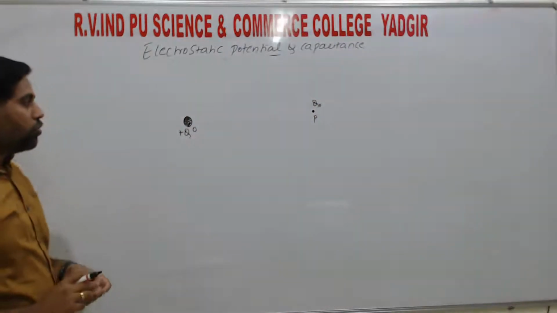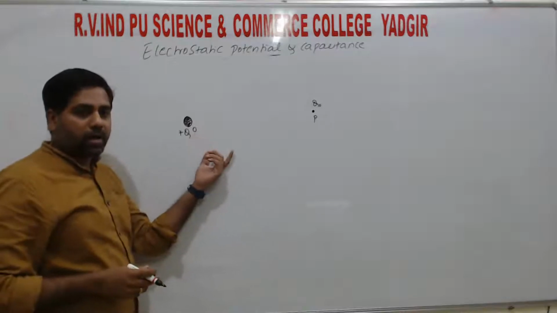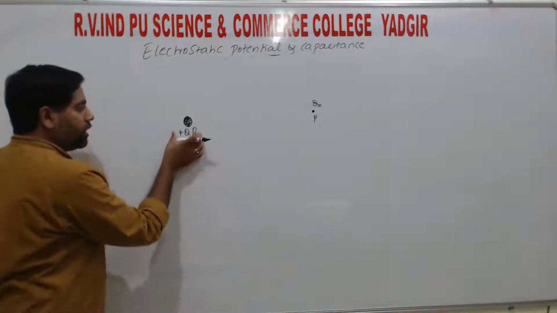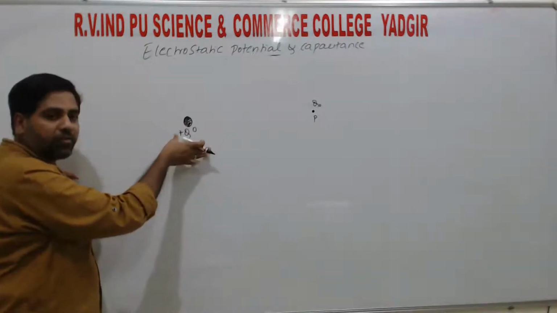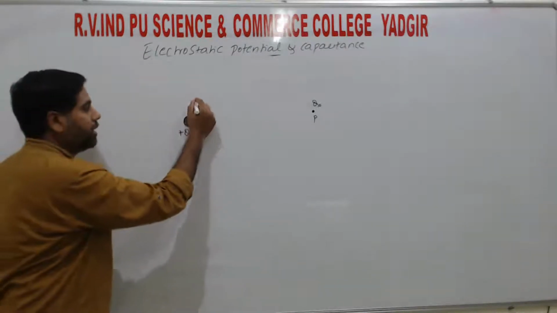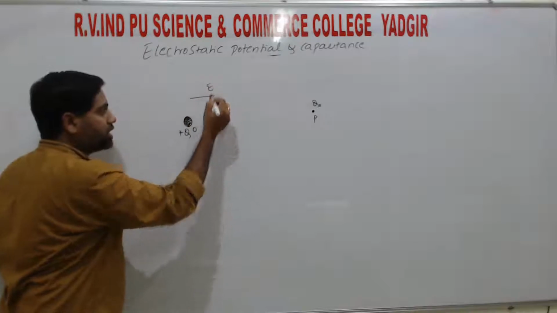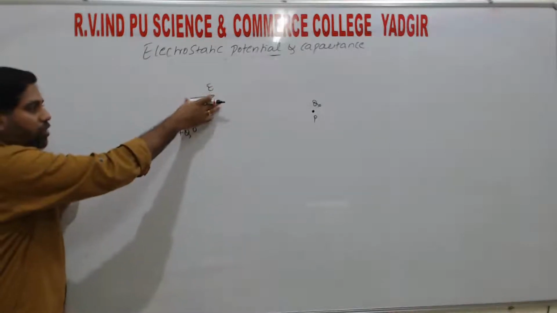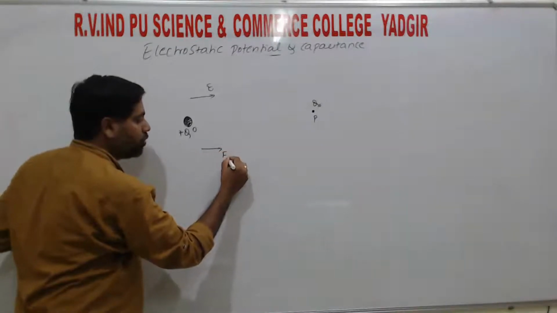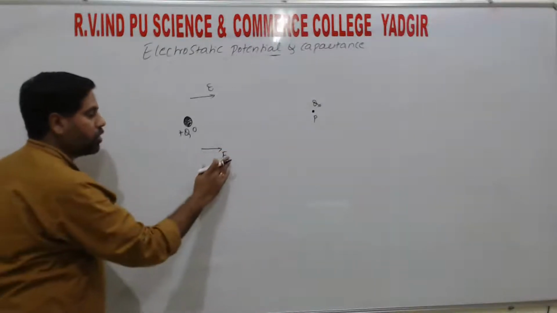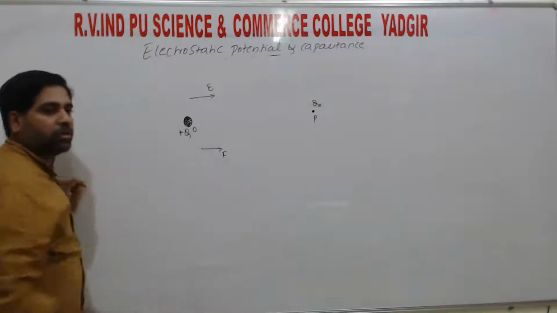Now we need to find the work done. If we have the charge here, there is a space around this charge that we call the electric field, right? So the electric field is in this direction, and if we have the electric field, again we have the force. That force is the Coulomb force, or we call this the force, right?